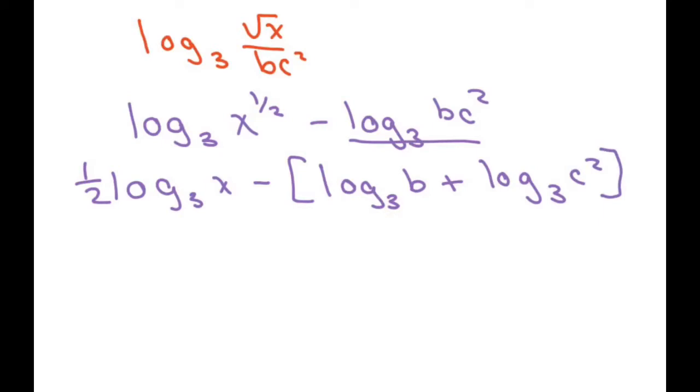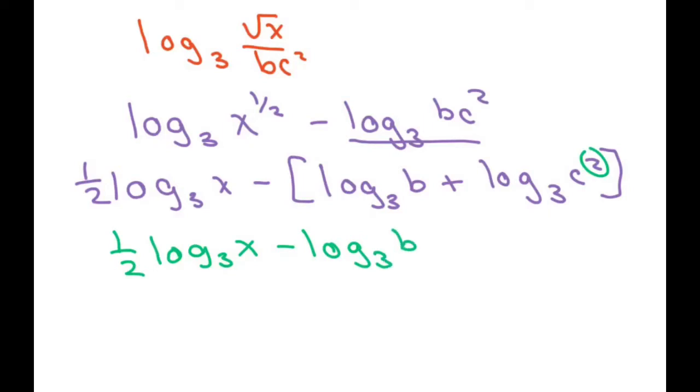Now distributing and also doing my power property, I get 1/2 log base 3 of x minus log base 3 of b minus, because you distribute the negative, let me write the 2, bring that 2 down, use your power property, 2 times log base 3 of c.